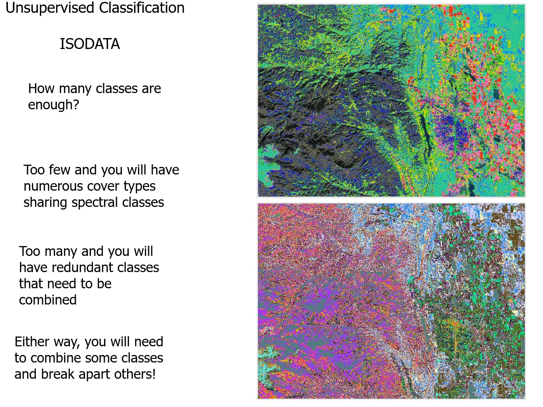So we already talked about this, how many classes are enough? Clearly, the number of classes I used for this little example weren't enough because the water did not come up as a distinct class. It's actually, in these kinds of cases, very difficult to get water to come up as a distinct class. But if you have too few, and we probably have too few here, you're going to have numerous real cover types in the real world that are going to share a particular spectral class.